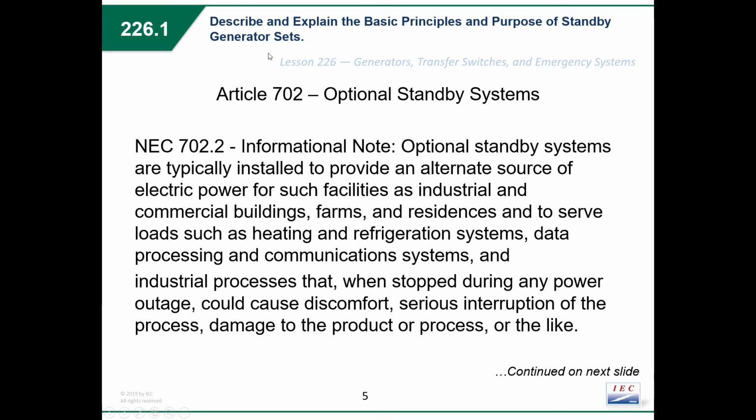And then last but not least, Article 702, the informational note for optional standby systems, typically installed to provide an alternate source of electric power for such facilities as industrial and commercial buildings, farms, and residences, and to serve loads such as heating and refrigeration systems, data processing, and so on and so forth, where it's an issue, it's a pain if this stuff stops working in a power outage, but it's not life safety, it's not hazardous to safety and health.